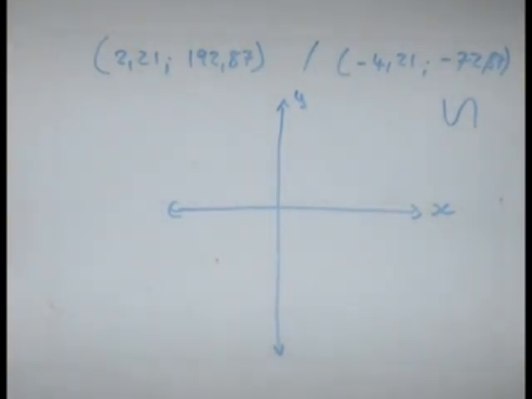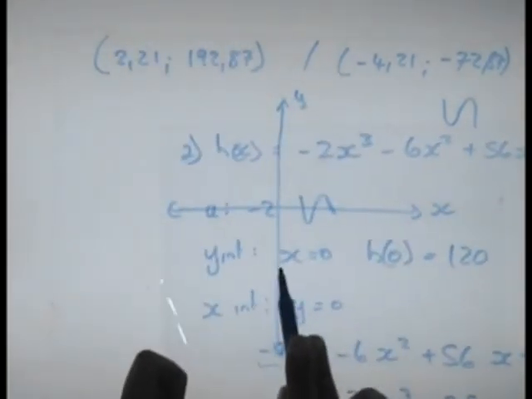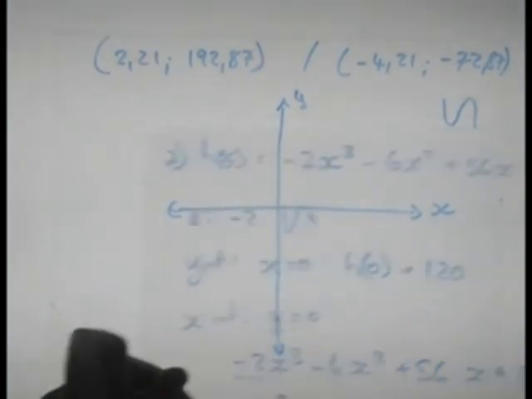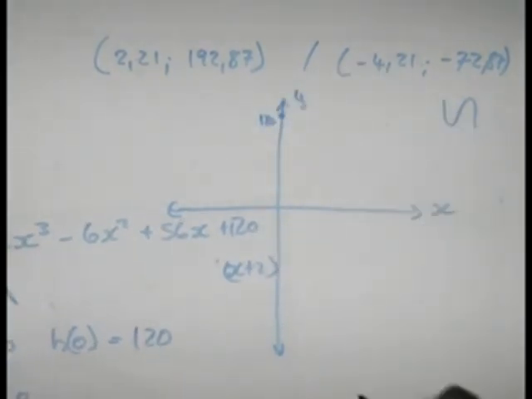The next thing we are going to look at is our y-intercept. You will remember that our y-intercept worked out to be 120. X is equal to 0, y is equal to 120. So that's going to be somewhere way up here.